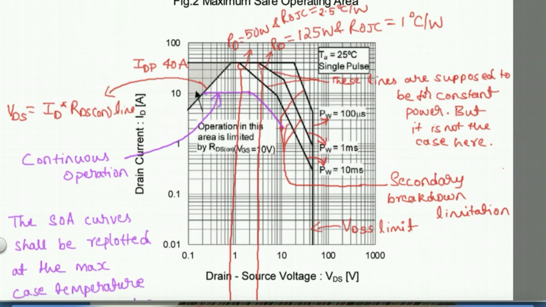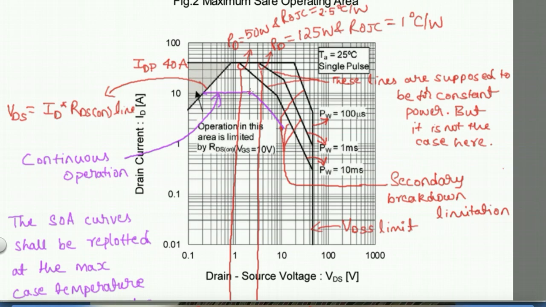In this plot, the curves for the continuous operation are not given, but they can be plotted by the user. For example, the continuous current rating is 10 amps and continuous power dissipation is 20 watt.